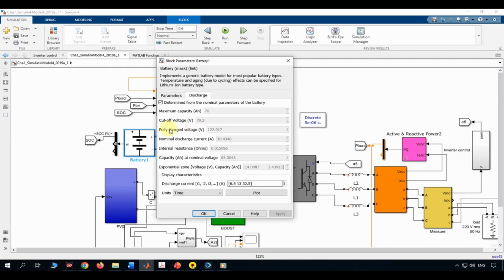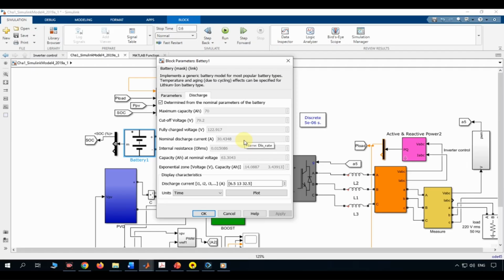Fully charged voltage, V, equals 122.917. This is the voltage the pack sits at when it's topped all the way up, higher than the nominal 105.6 volts, since Li-ion cells always read higher voltage near full charge before settling down to their nominal plateau during actual use. Nominal discharge current, A, equals 30.4348.